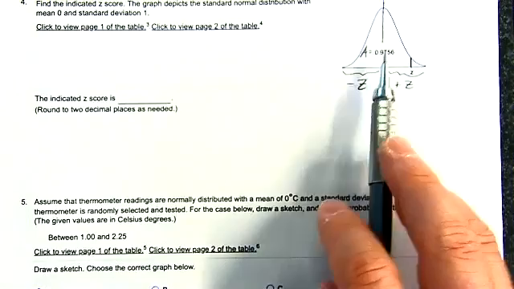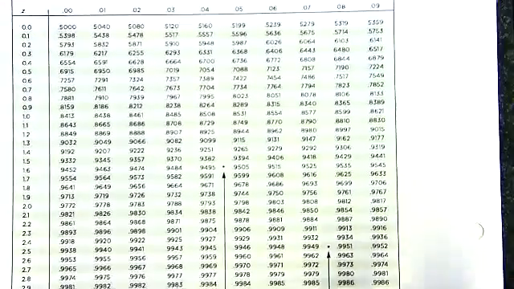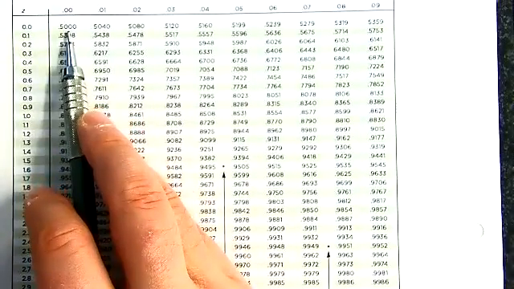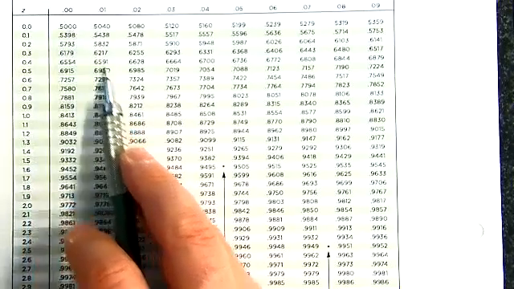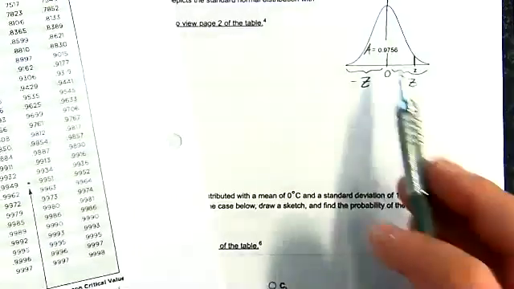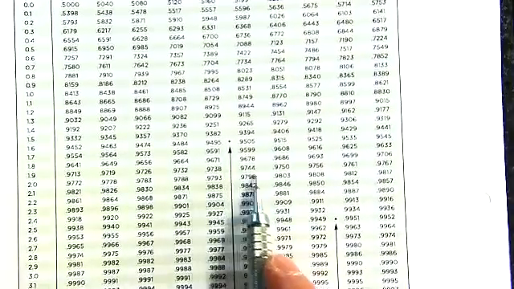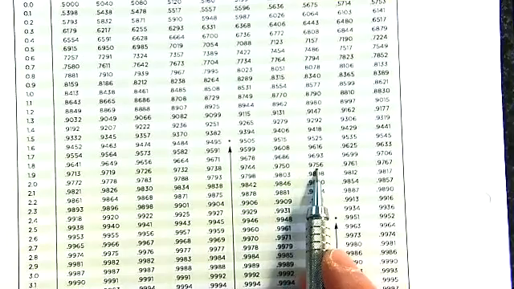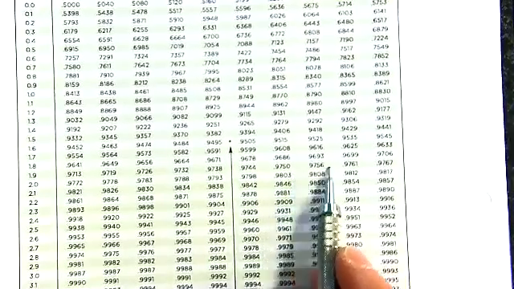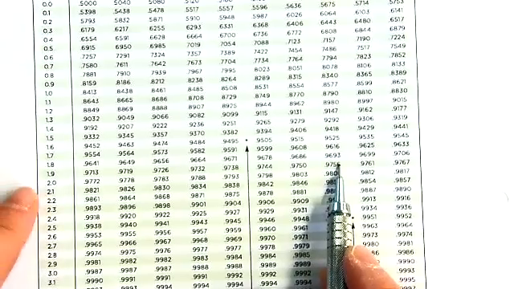Now I'm going to look in what I call the sea of numbers for 0.9756. These numbers start at 50%, half of the curve. They increase as you go down and to the right, and we're looking for 9756. Here it is right there. So now we pull the z-score off of this.